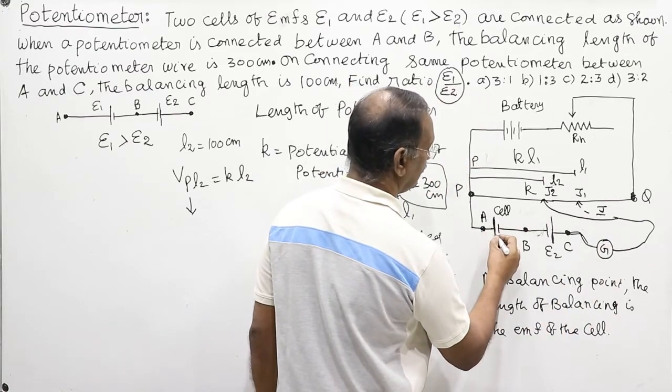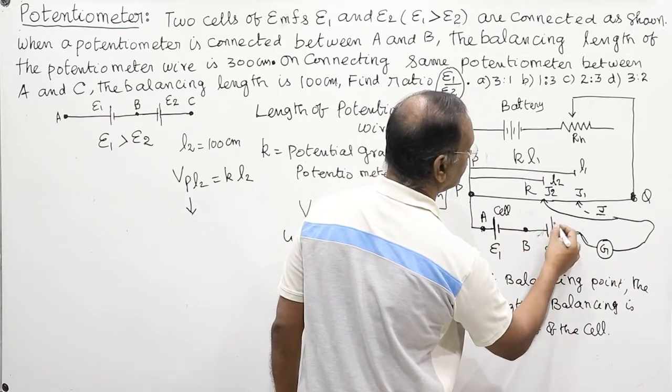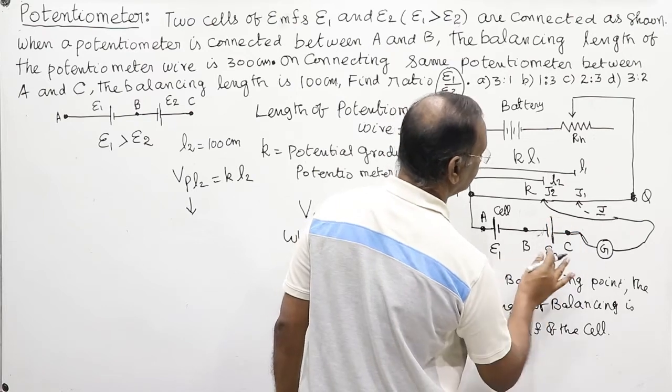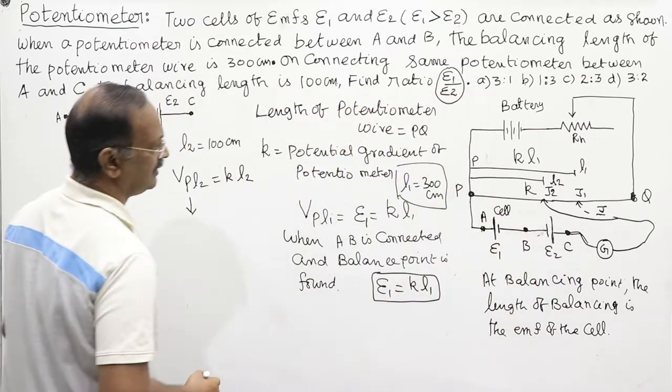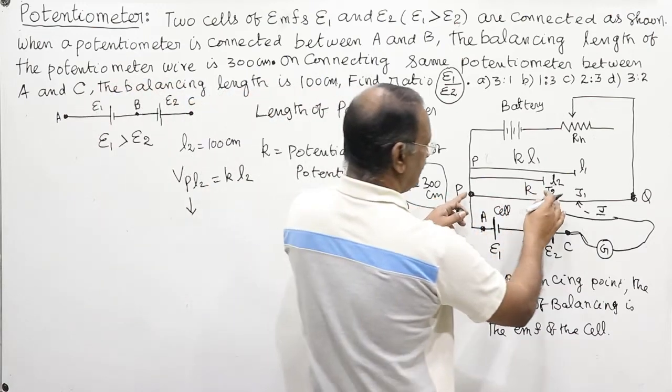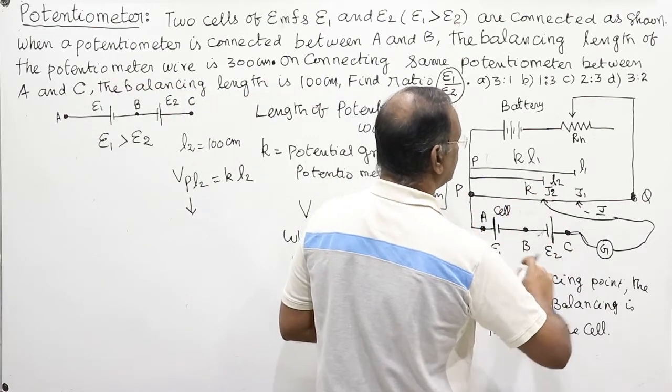Here you have to watch carefully, this is in reverse polarity and this is bigger than this one. So the net EMF is the potential difference across this length.